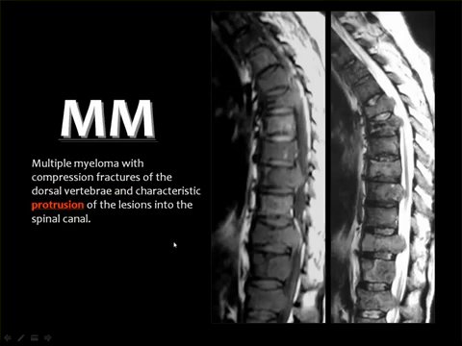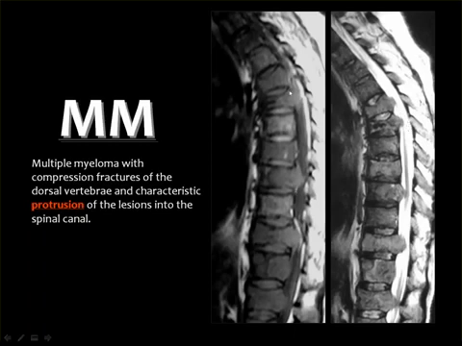And one of the suggestive findings on MRI imaging of myeloma is to see that the affected vertebra is partially collapsed and its posterior edge is convex, encroaching on the spinal canal, and this actually is not seen with metastasis.